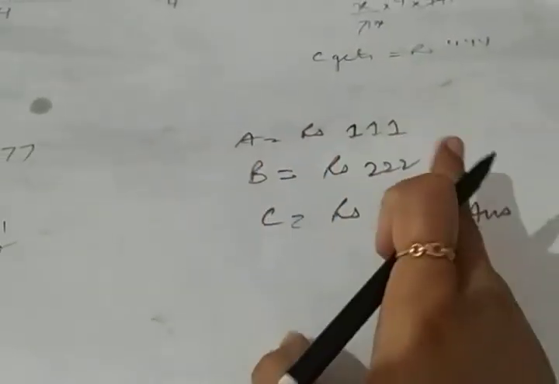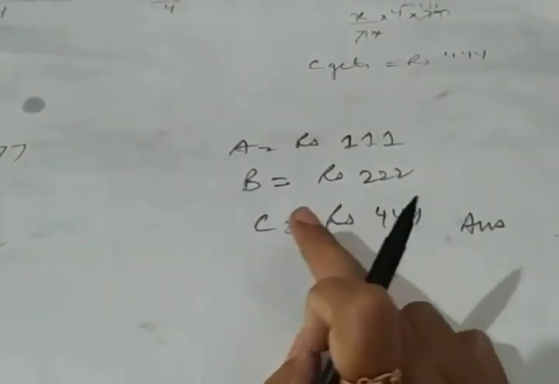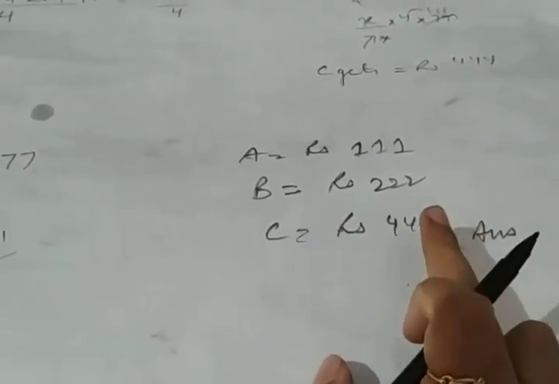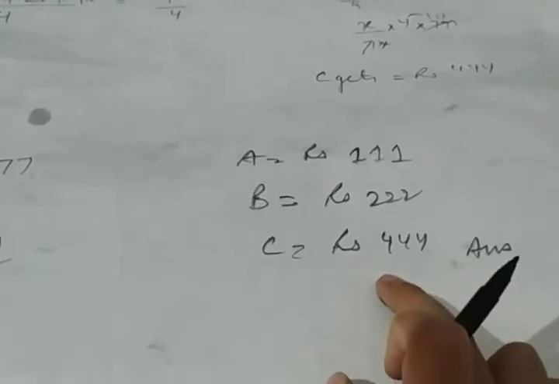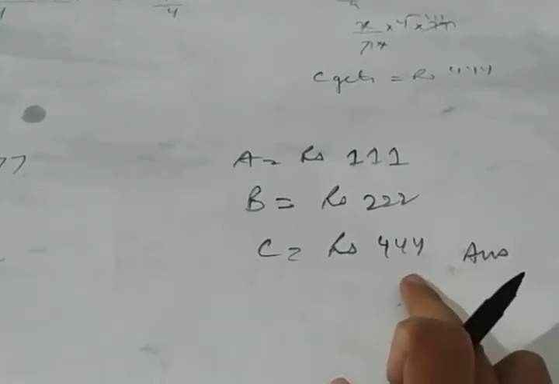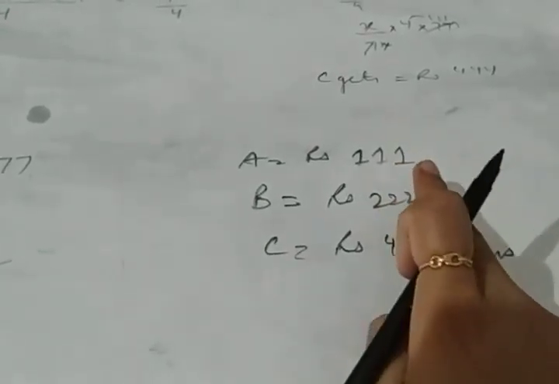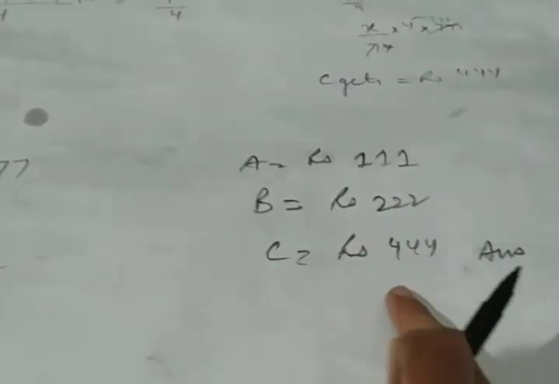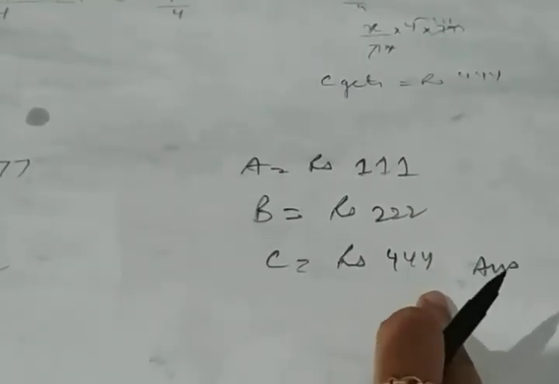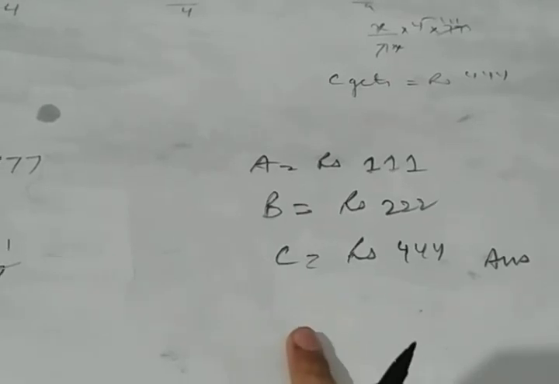The answer is A gets rupees 111, B 222 and C 444. Value of A, B, C: 111, 222 and 444.